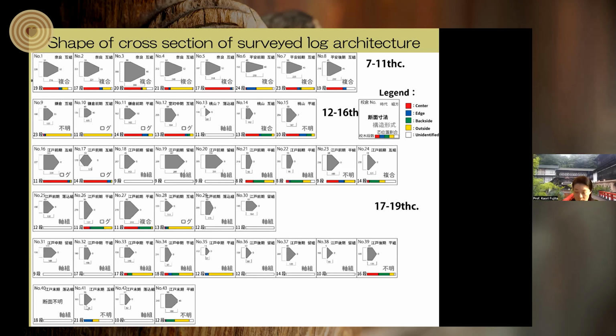One reason is that some of the logs were repaired and changed after the days, and it was quite difficult to identify which of the elements were inserted later on.